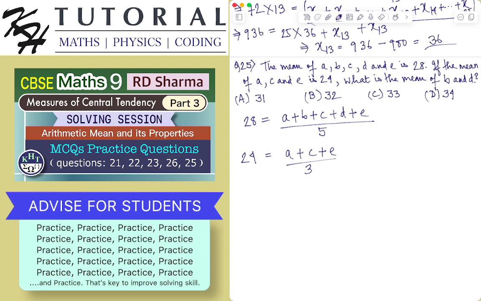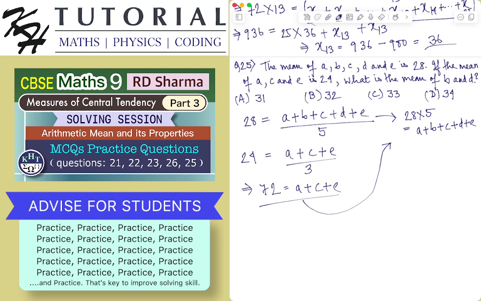Okay, now from here if I do cross multiplication, I get 28 multiplied by 5 is equal to A plus B plus C plus D plus E. From here if I do cross multiplication, I have 72 is equal to A plus C plus E. So A plus C plus E is 72. Using this information in this equation, 28 multiplied by 5 is 140.